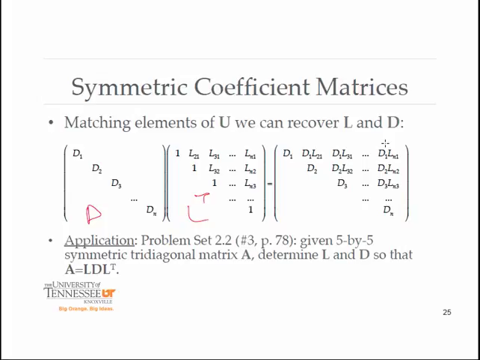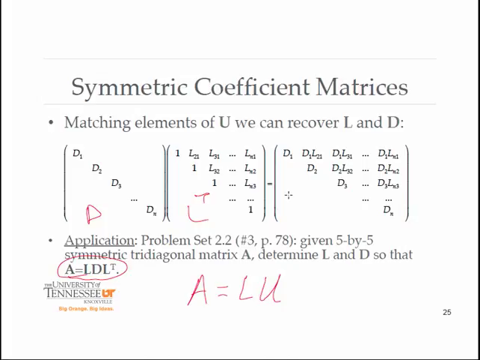If you're not exploiting symmetry, you would just do what we've normally done and factor A equals L times U. That's always possible, even if you had a symmetric matrix and didn't care about symmetry. But to save storage and computation, this factorization is very useful because you really just have the L factor and a diagonal matrix to produce, since you can always get the U as indicated above.